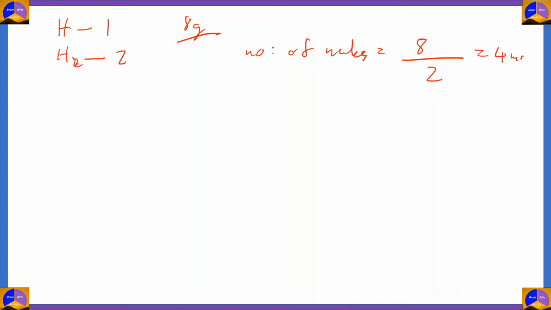So that is 4 moles, which is equal to 4 times 6.02 into 10 raised to 23. So it will be 24.08 into 10 raised to 23, which in scientific notation we can write as 2.408 into 10 raised to 24.